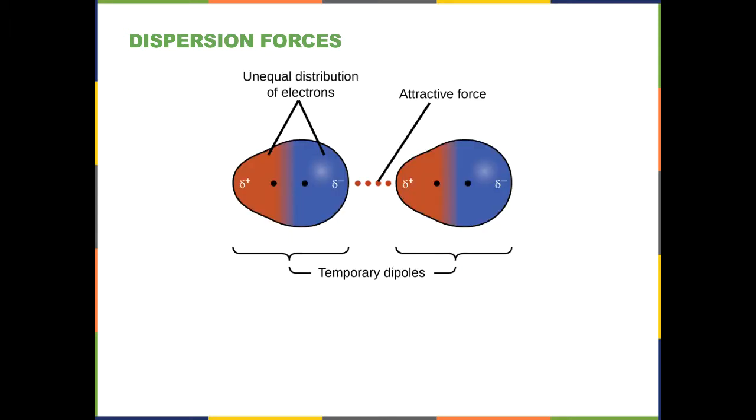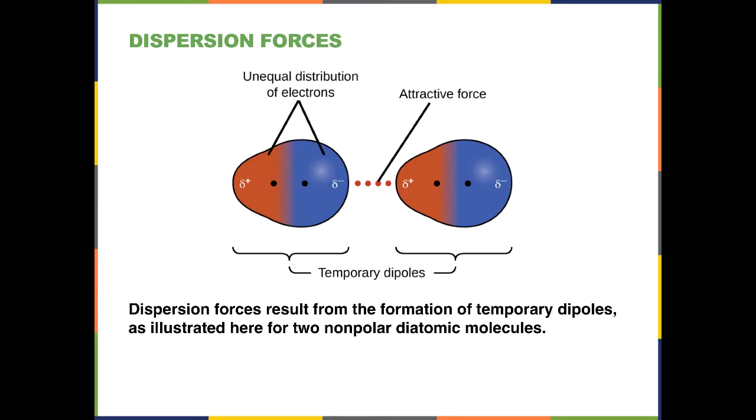Now, as I said, this all relates to the uneven distribution of electrons, which result in temporary dipoles, which lead to weak attractions. Dispersion forces result from the formation of temporary dipoles, as illustrated here in these two nonpolar diatomic molecules. These are nonpolar molecules, but because of instantaneous unequal distributions of electrons, there are very weak forces called dispersion forces.